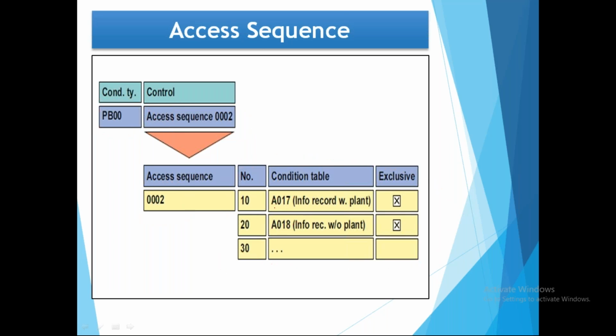Suppose first it will check the info record with plant. If it finds the price over there, it will copy it to the purchase order. If it is not there, it will go to the next, the info record without plant. So these are the condition tables, and the sequence in which it has to check for the price, that is what the access sequence is.